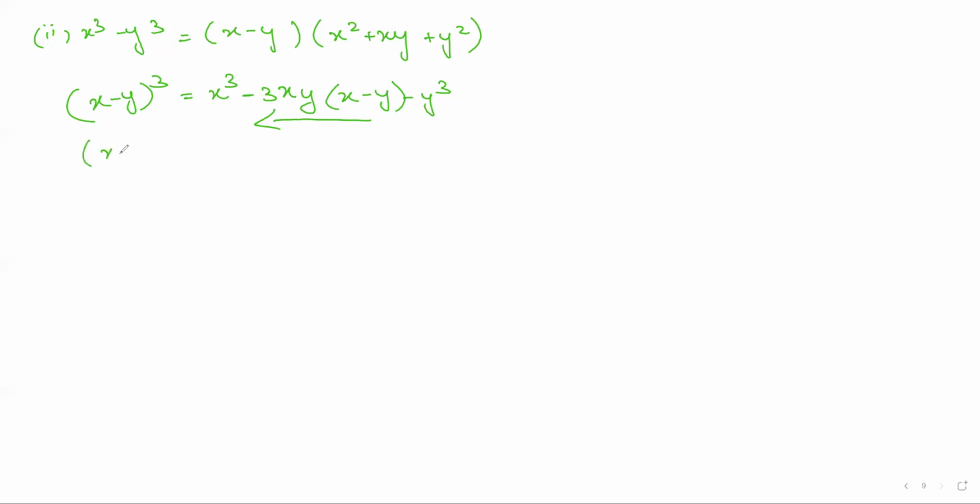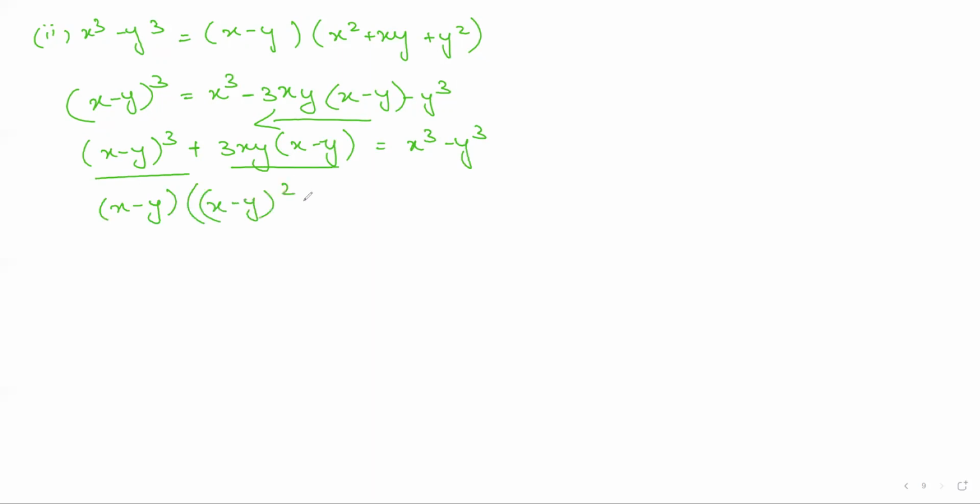LHS becomes (x minus y) whole cube plus 3xy (x minus y) is equal to x cube minus y cube. This is your first term, second term, x minus y is common from both the terms, and you're left with (x minus y) whole square plus 3xy is equal to x cube minus y cube.